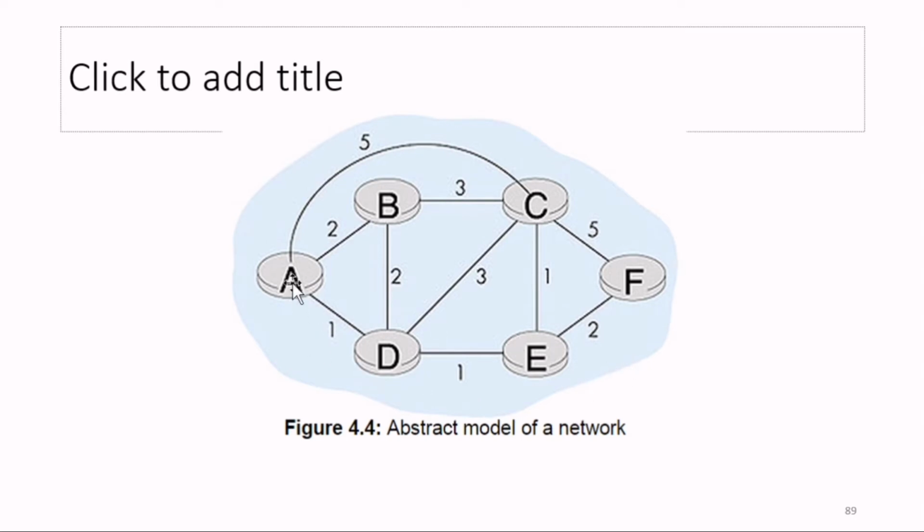If you look at another connection, for example A, C, F, the cost is 10, which is 5 plus 5. It means that it has a longer path compared to this one. So the packet will go from A, D, E, and then to F.